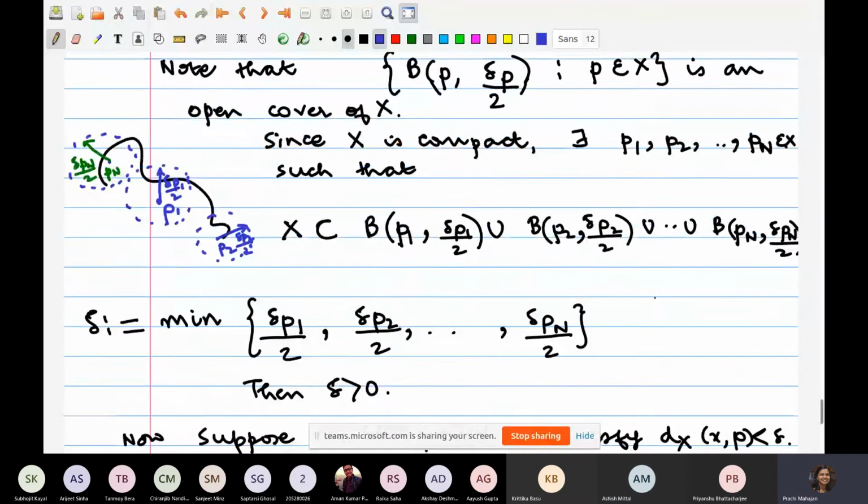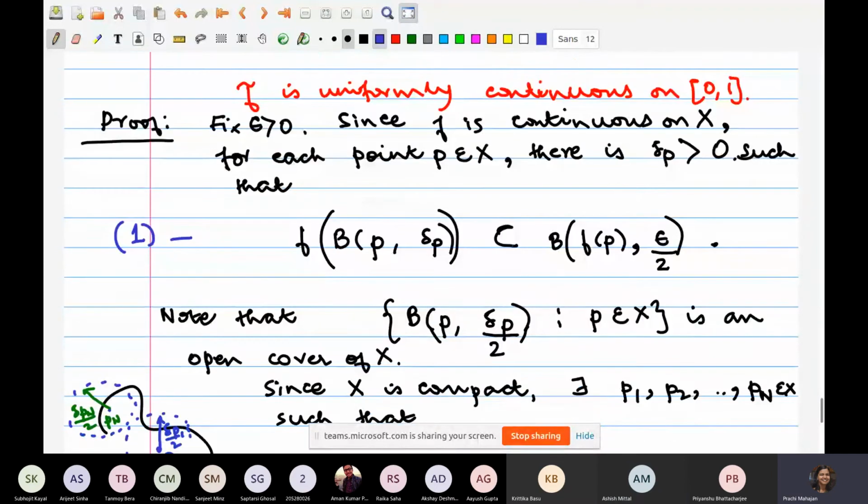Now let's go back up and look at statement 1. What does statement 1 say? That I have x, and I'm going to replace P here by pk. So you look at this ball centered at pk and radius delta pk.